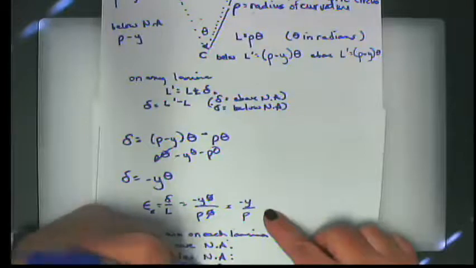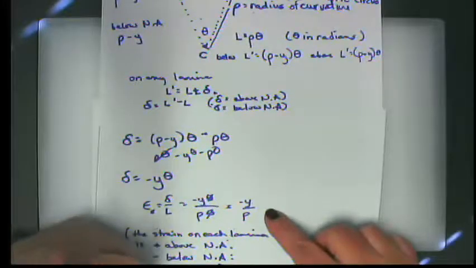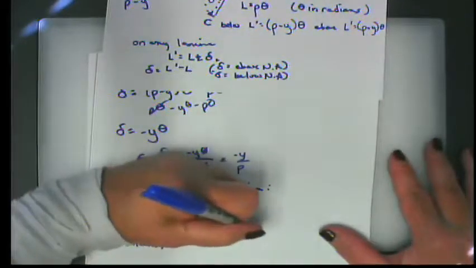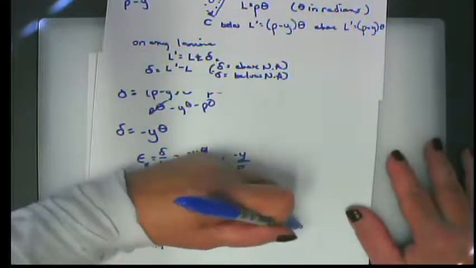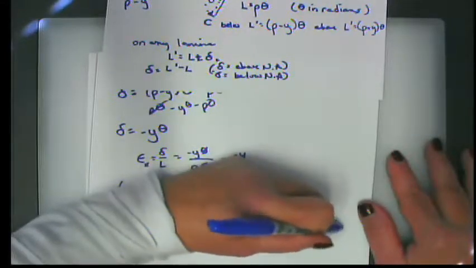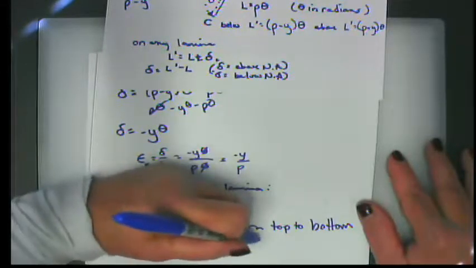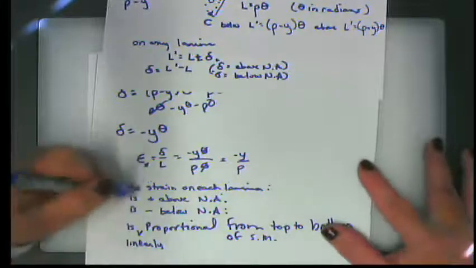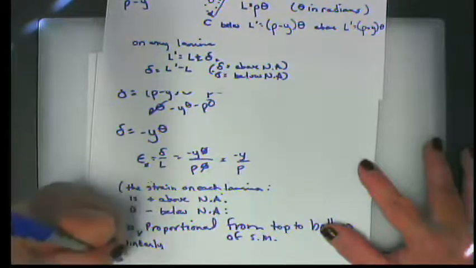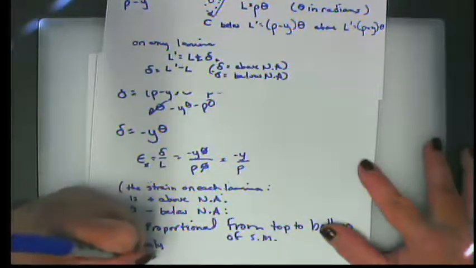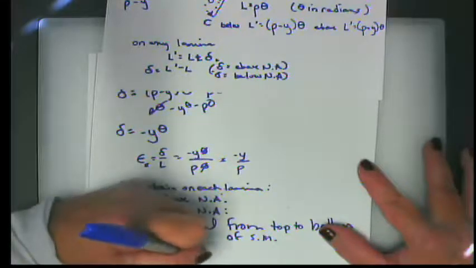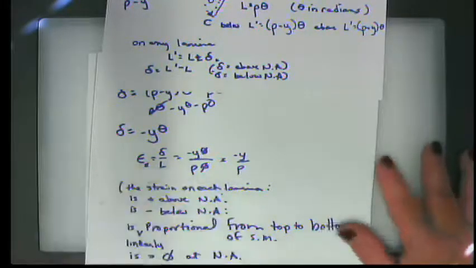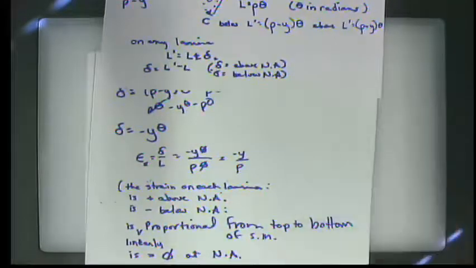When I say proportional, I should clarify linearly proportional from the top to the bottom of the structural member, and the strain is equal to 0 at the neutral axis. Okay.